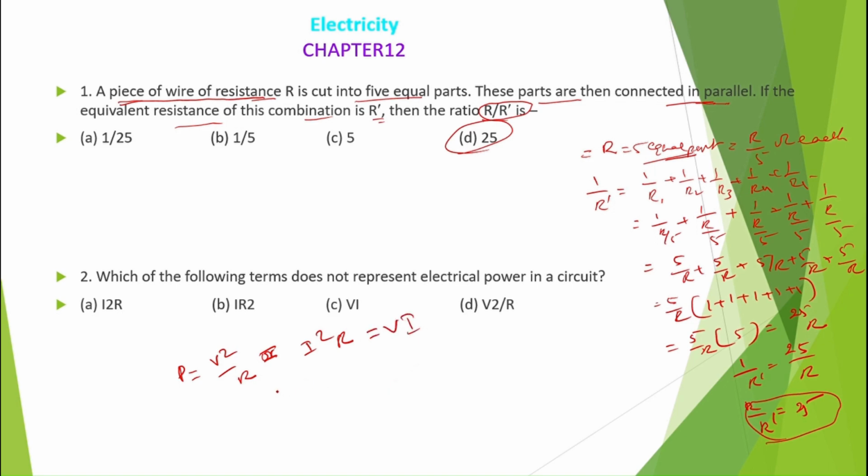Just you see here, V square by R is there. He is asking which does not represent the electrical power. Okay. And I square R, this is I square R, so I square R also is there. VI is also there. So what is left? Only I R square. This is not in these formulas. So this is the answer.